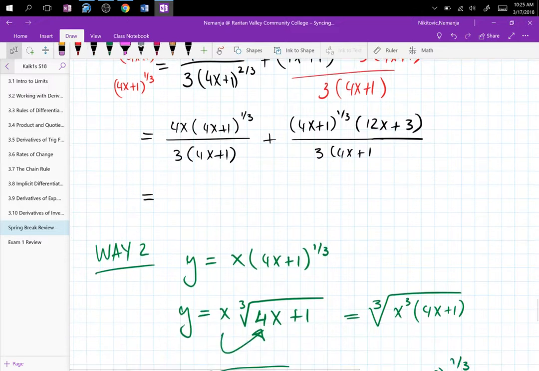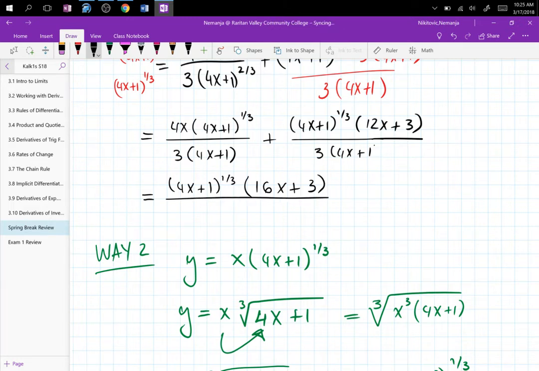So now look what I can do. I can take this 4x plus 1 to the 1/3 common factor. And what's left is 4x plus this is 16x plus 3. Nice. Divided by 3, 4x plus 1.